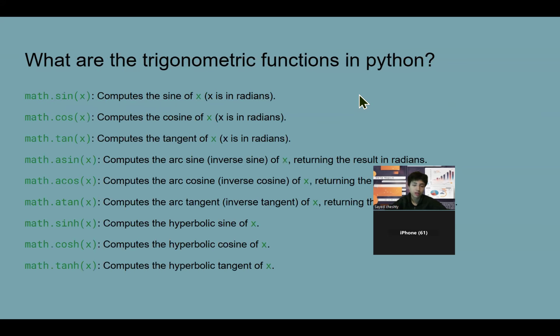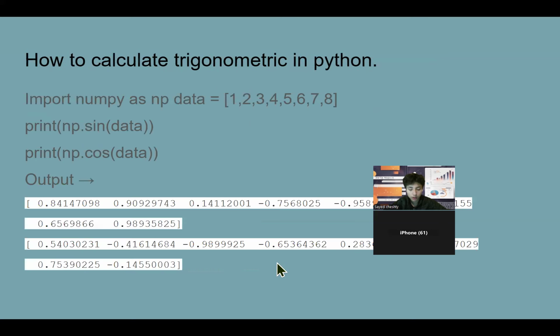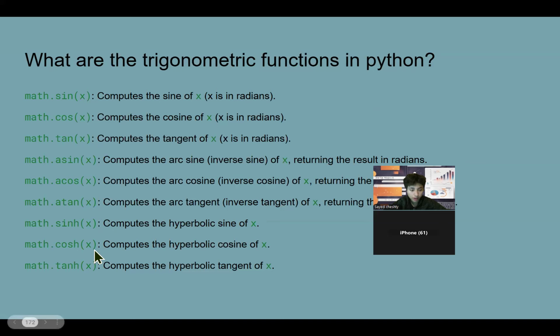The functions in trigonometric are math.sin, math.cos, math.tan, math.asin, math.acos, math.atan. The sin computes the sine of x in radians.